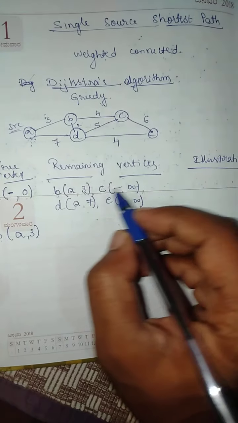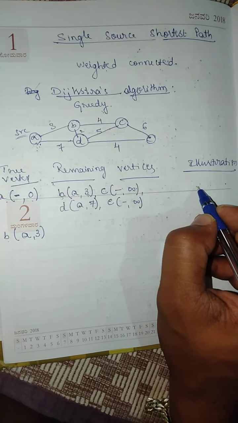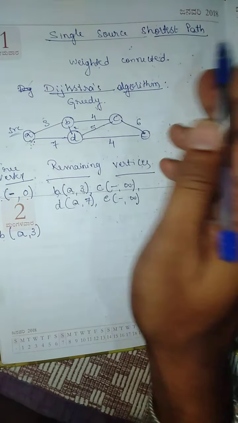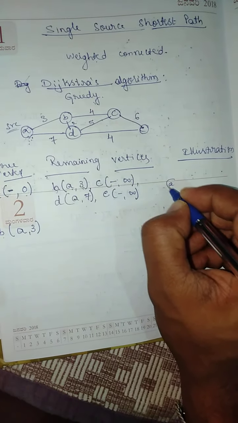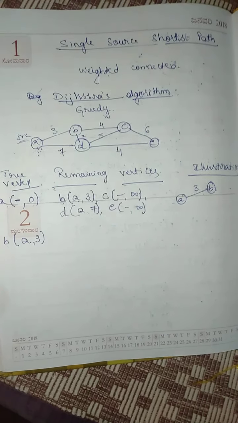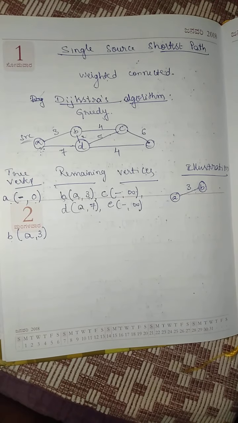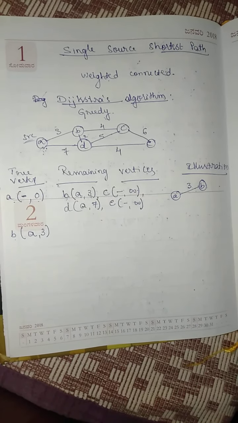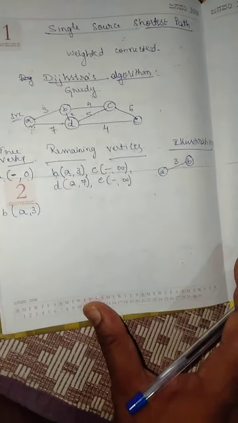So you have to include that edge into the minimum cost single source shortest path. So edge AB I will introduce, AB, the cost is 3. All right, done. So this algorithm looks like Prim's algorithm, isn't it? However it is slightly different. We will see how it is different.